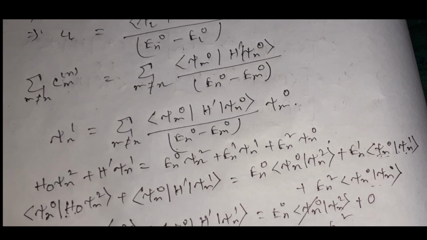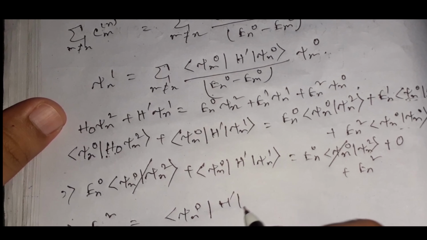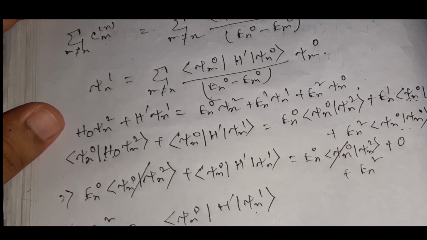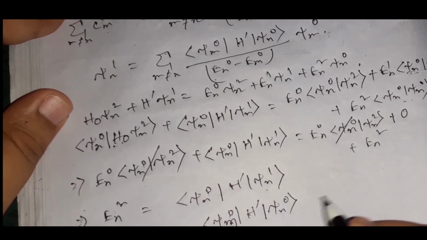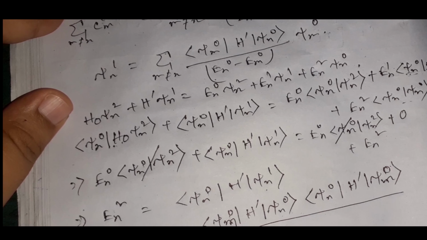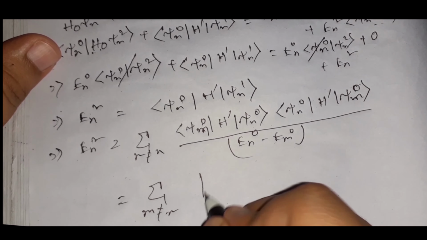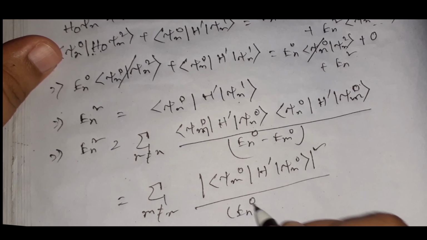So these two cancel out and we get En2 is equal to ψn0 H prime ψn1, and if we put the value of ψn1, we get the sum over m not equal to n of ψn0 H prime ψm0 times ψm0 H prime ψn0 by En0 minus Em0, and this gives us the sum of the modulus squared of ψm0 H prime ψn0 over En0 minus Em0.